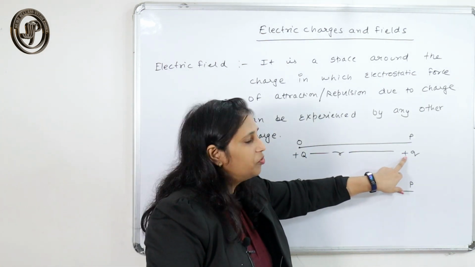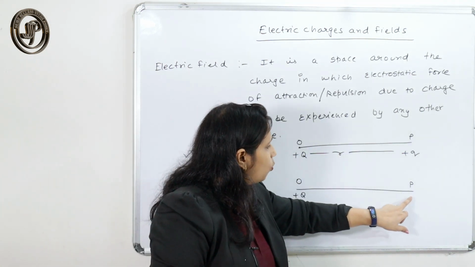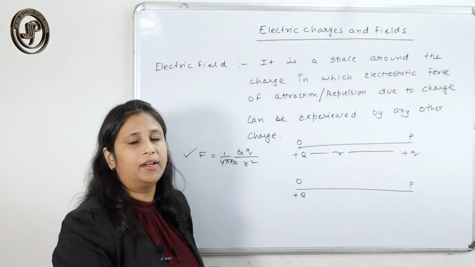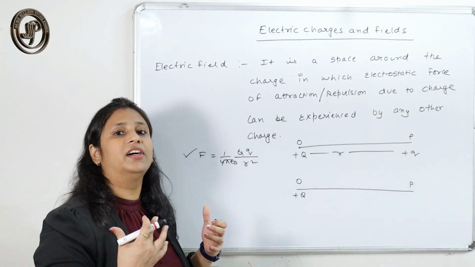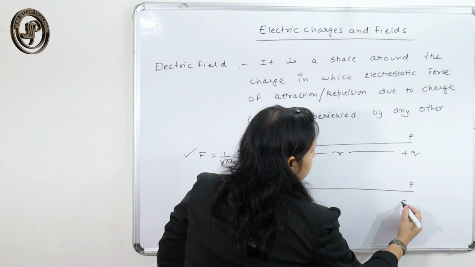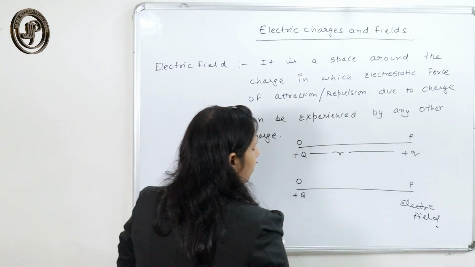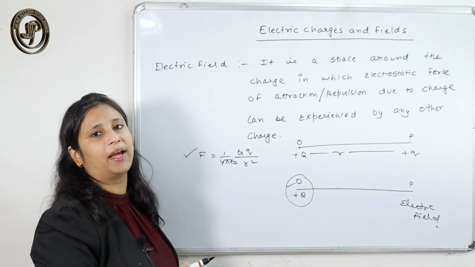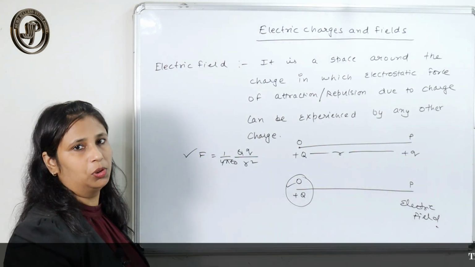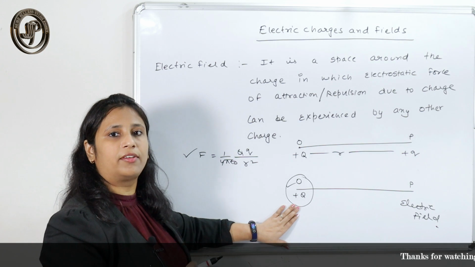But if I remove this charge from here, then what is left here? That is nothing but an electric field. Here the electric field is left, produced by this charge plus q. So what is electric field?